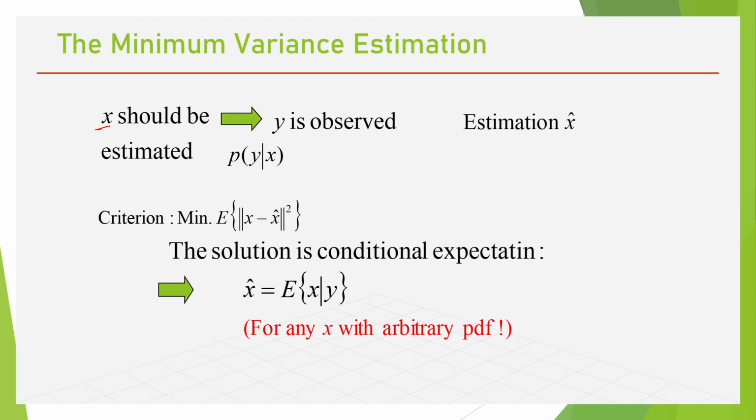So here there is a probability density given H. If H is given, then we can compute the probability that Y can occur, because we have the model relationship between H and Y. So the estimation rule must be a function of Y, because we can compute the predicted output, and we also have the measured Y, but they must be different. So from the information of Y, we will estimate H.